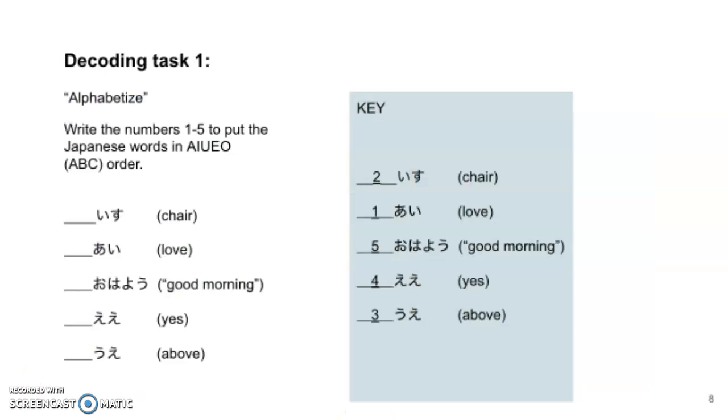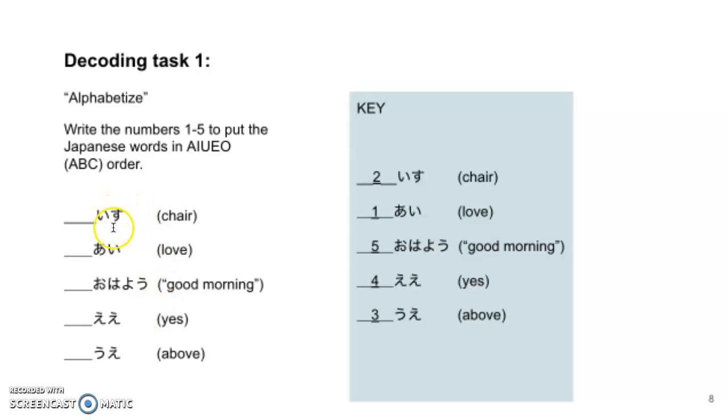So in my series of quizzes, there are 4 tasks on each quiz, and the first task is a decoding quiz, which requires that students know the sound of each symbol for a realistic task, such as alphabetizing.